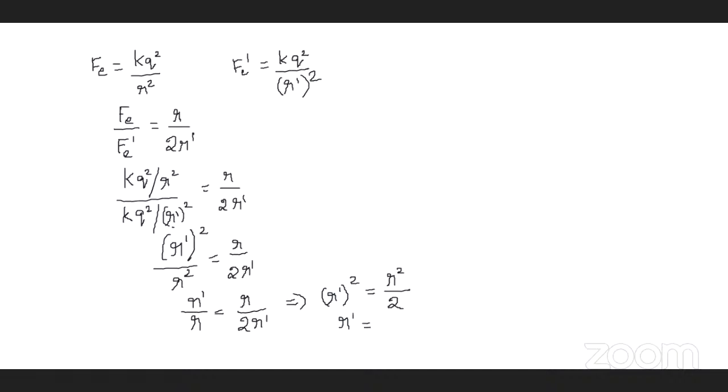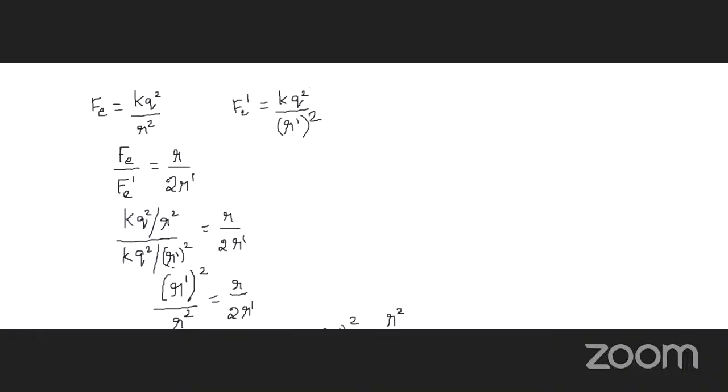R prime equal to r by root 2. This is the answer. Yes. Now do you understand this? Yes, sir. So the option will be r by root 2, and that is option B. Yes, option B.